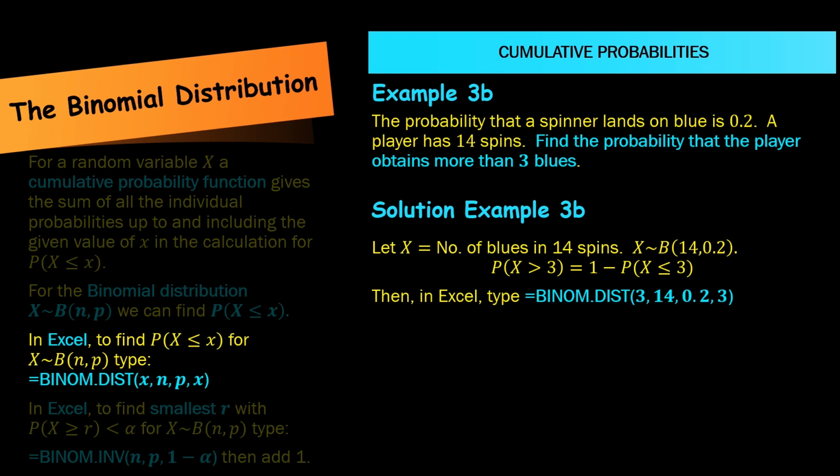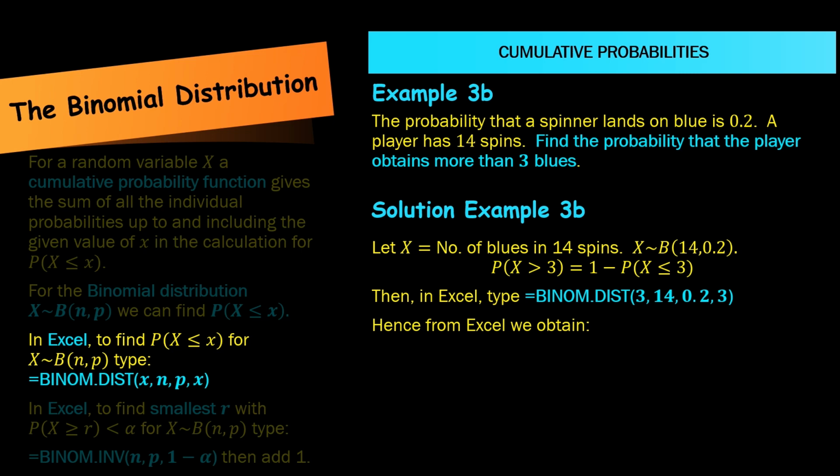So in Excel we need to type equals binom.dist with x equal to 3, n equals 14, and p equal to 0.2, and commas separating the figures.